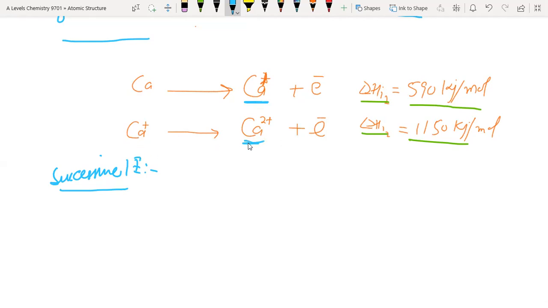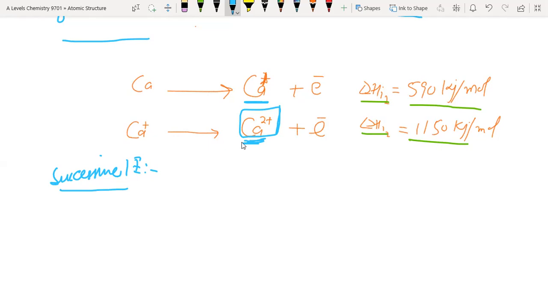We are increasing the charge on it by losing a further electron. So the amount of energy required to remove a further electron would be called successive ionization energy.